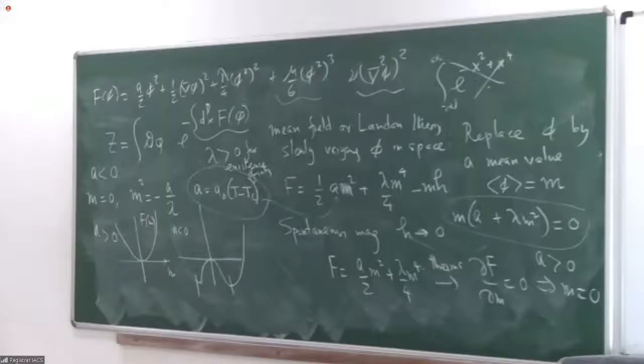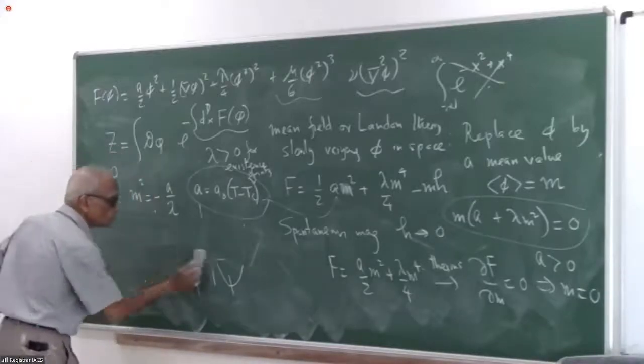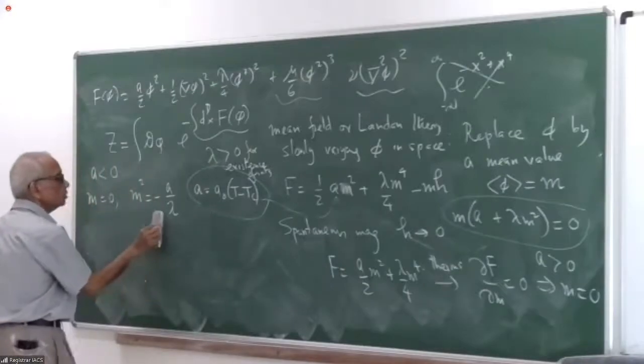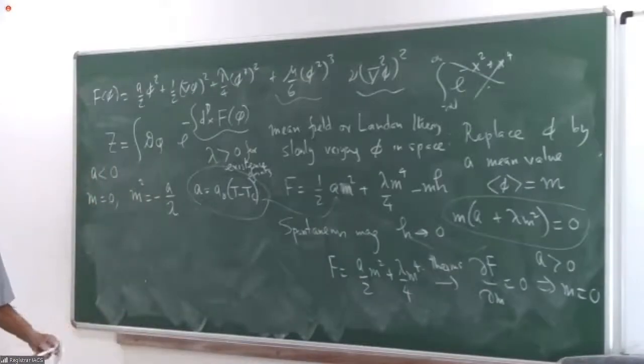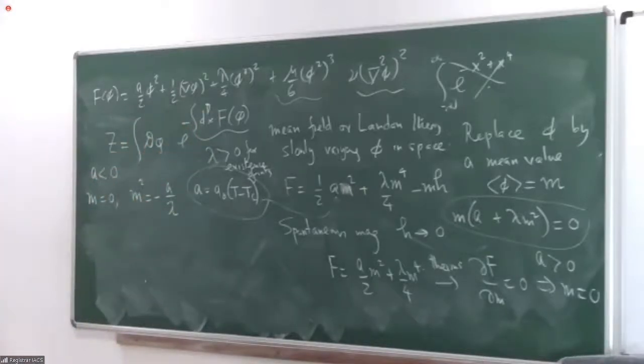So this is the first thing that you have noted, that m squared is minus a over lambda. I think what I'll have to leave for the next day is the dimensions of these, what is small and what's not small.